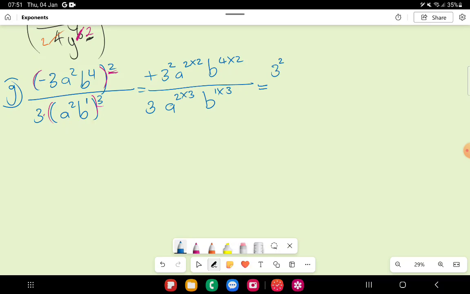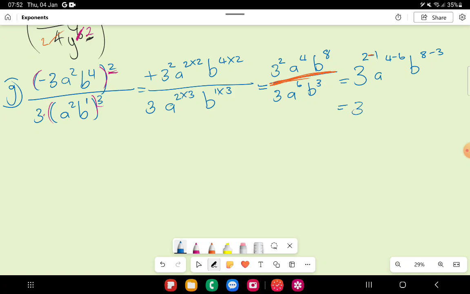I have 3 squared a^4 b^8 over 3 a^6 b^3, which gives me a base of 3, 2 minus 1, because this division line means I subtract according to the laws of exponents. 2 minus 1, a 4 minus 6, b 8 minus 3.